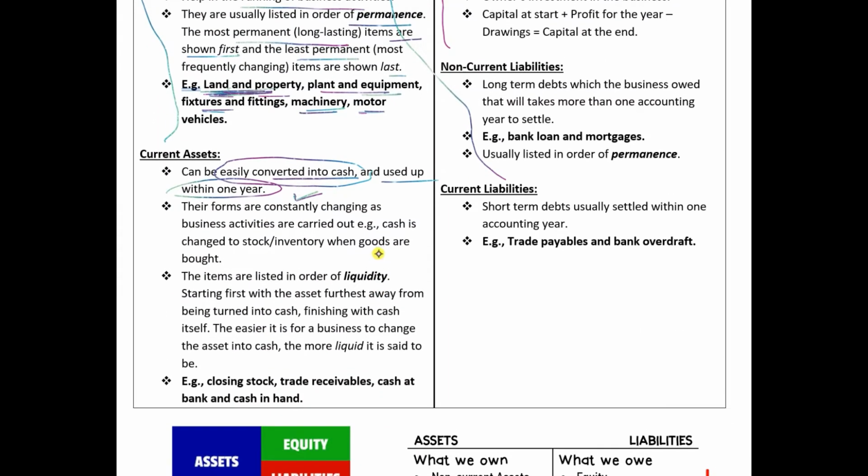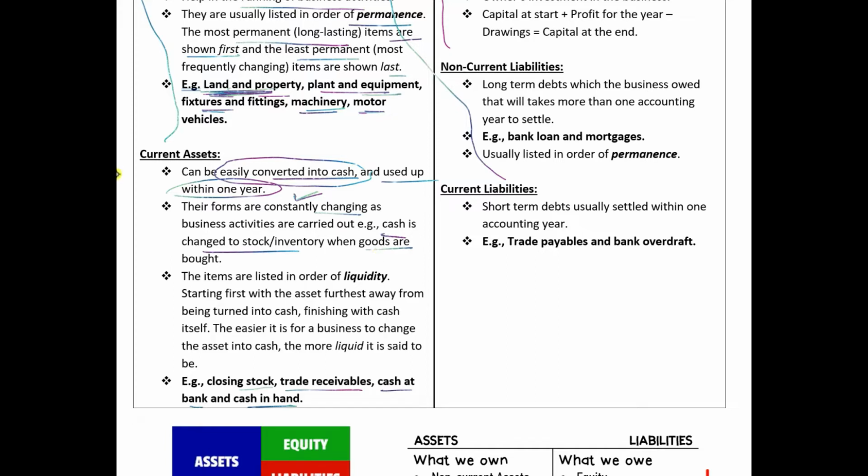learned, the current assets that you will come across are the inventory, the stock, the trade receivables, and the cash, either the cash in hand or the cash at bank. These items are frequently changing. For example, cash is changed to stock when the goods are bought.